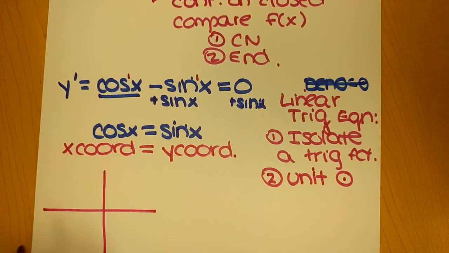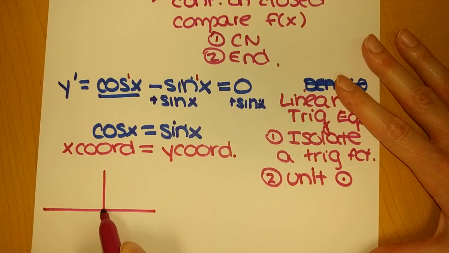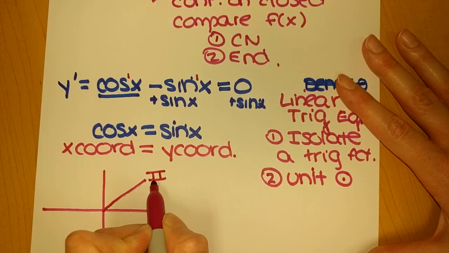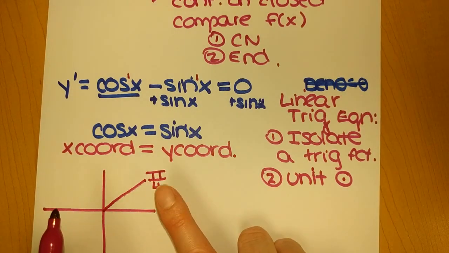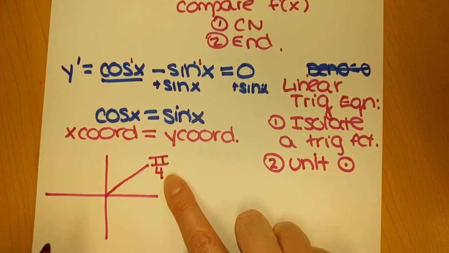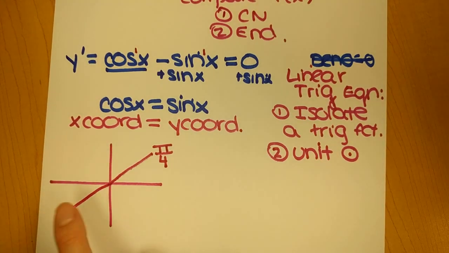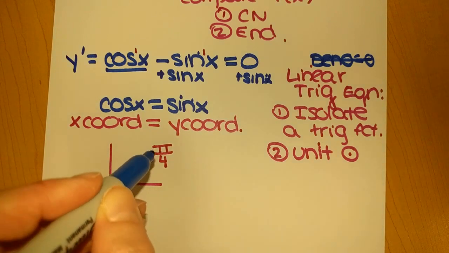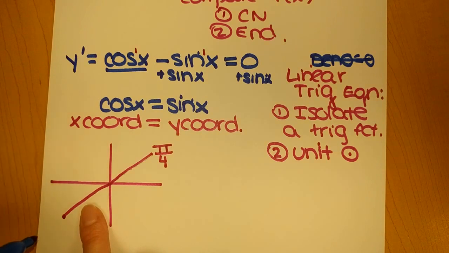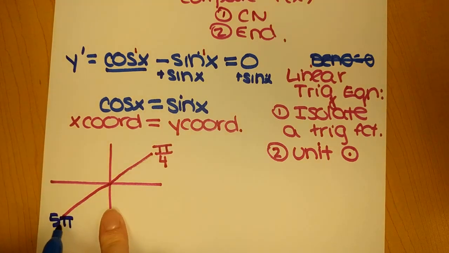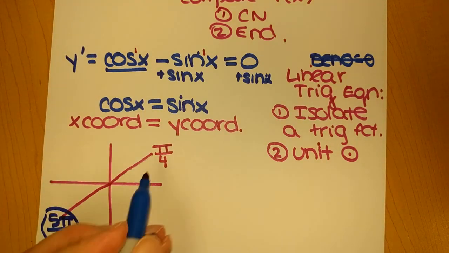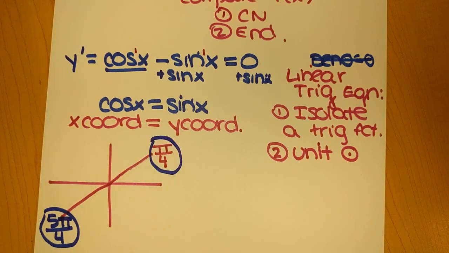And if you think about where the x and y coordinates are equal, that is at the pi over 4 angle. Now, it's certainly true that at pi over 4 they are equal, but if you think about in quadrant 3, x is negative and y is negative as well. So you have pi over 4, and 5 pi over 4 will also be an angle for which cosine is equal to sine.